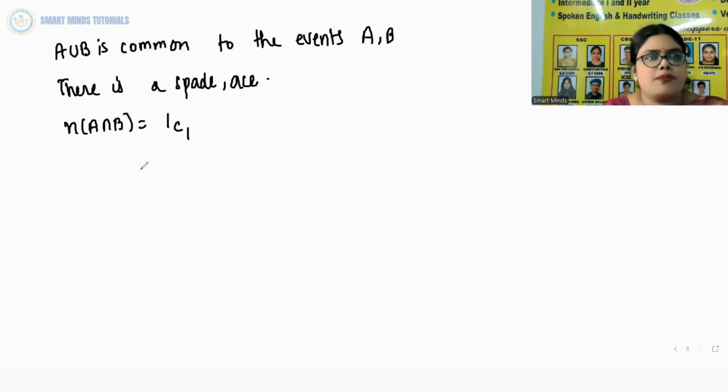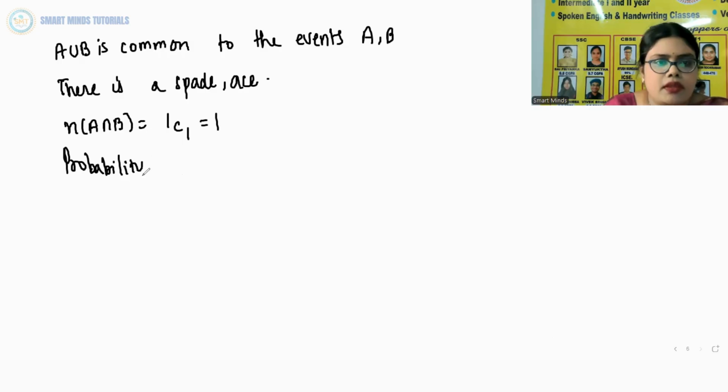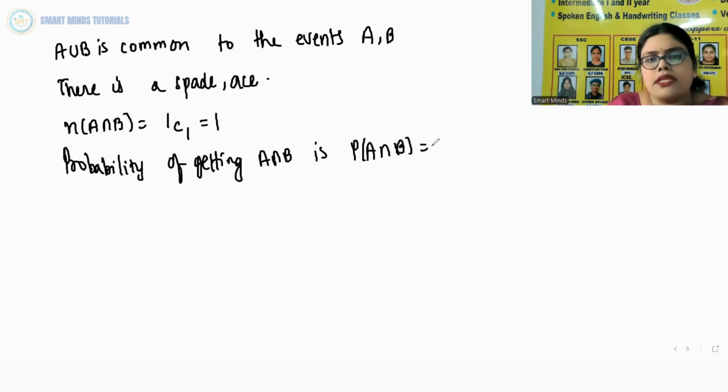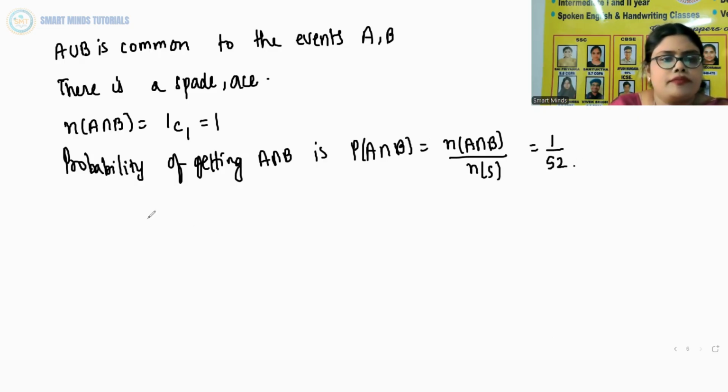There is only one spade ace, and from that you have to select one only. So the answer is 1. So what is the probability? P of A intersection B is equal to N of A intersection B by N of S. That is 1 by 52.